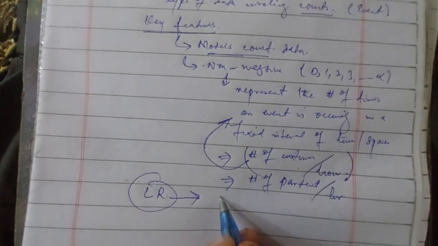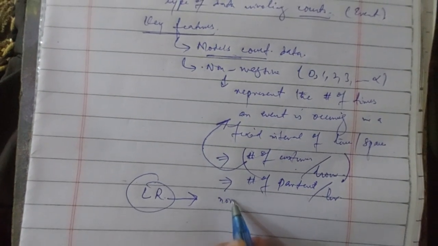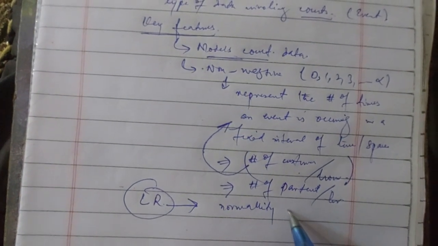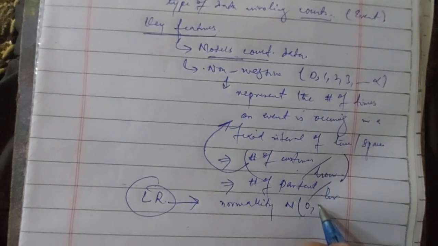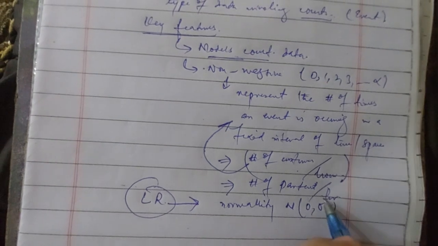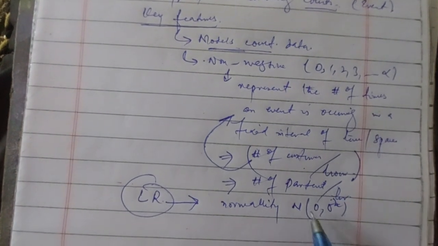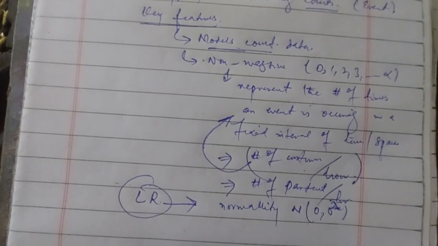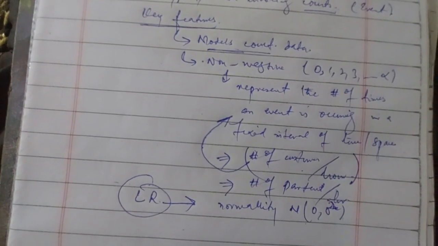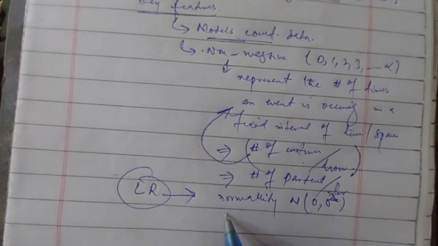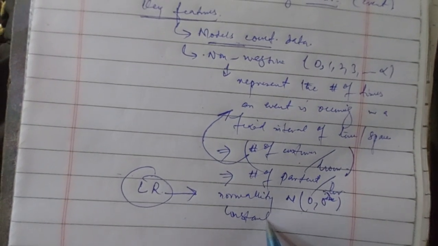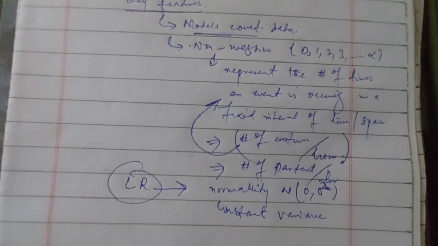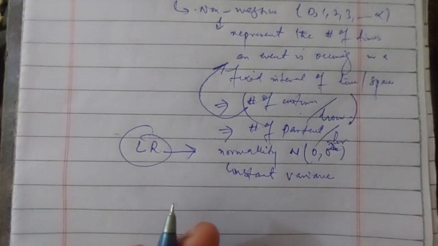Basically the normality, that it follows the normal distribution with mean of 0 and variance of sigma square, and constant variance. These two things are the basic assumptions of linear regression.